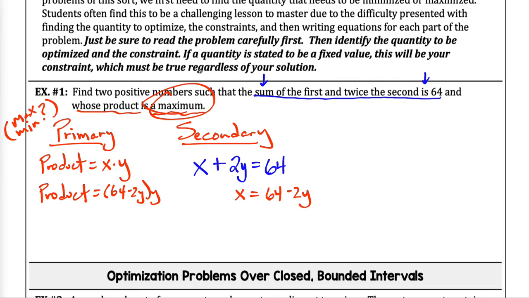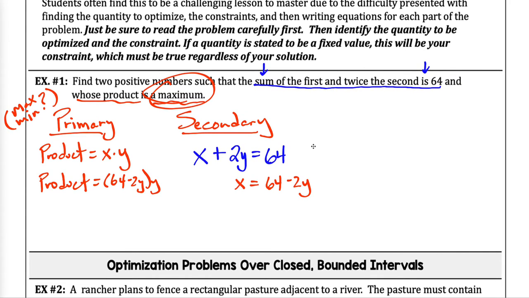Yeah, that's really all I was looking for. I was trying to think of what to say that would lead you to it. It says two positive numbers, so you can't have any negatives. So we do have restrictions. Our answers can't be negative. What you're saying about the second number can't be bigger than 32 is only true because you can't have negatives. That's why it was a harder answer. Because if you could have negatives, they could be whatever.